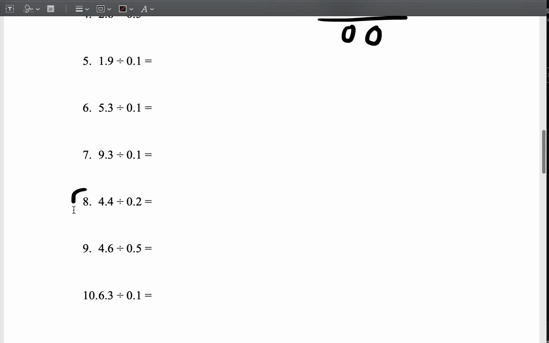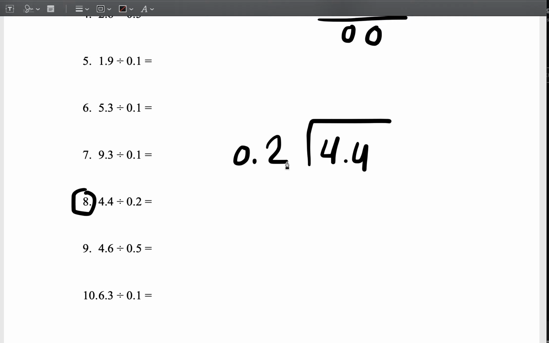Let's do number 8. So 4.4 divided by 0.2. So like before, you can't have a decimal number here, so move this one and move this one over. That would be 2 divided by 44.